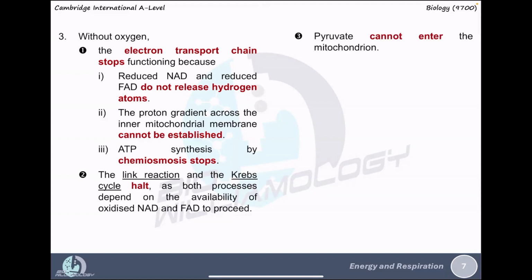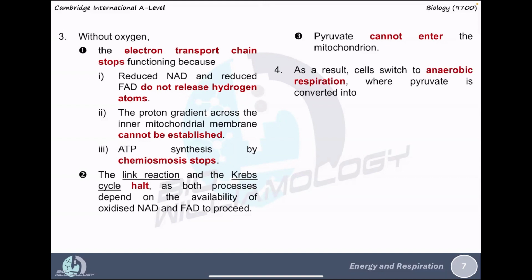So what is the next consequence? Pyruvate cannot enter into the mitochondria because there's no point for pyruvate to enter the mitochondria, as the link reaction can't take place and the Krebs cycle can't take place due to the low supply or insufficient NAD and FAD.